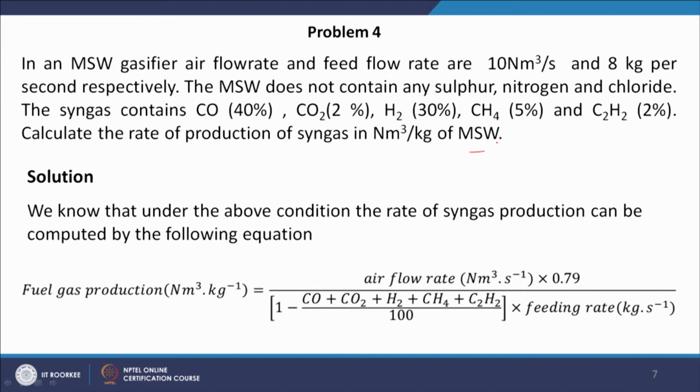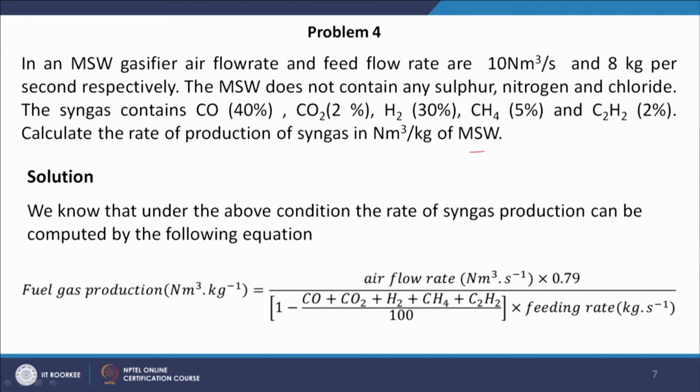We know the fuel gas production is in normal meter cube per kg. In the fuel gas, what will be the nitrogen available? That is the production rate into the nitrogen concentration.